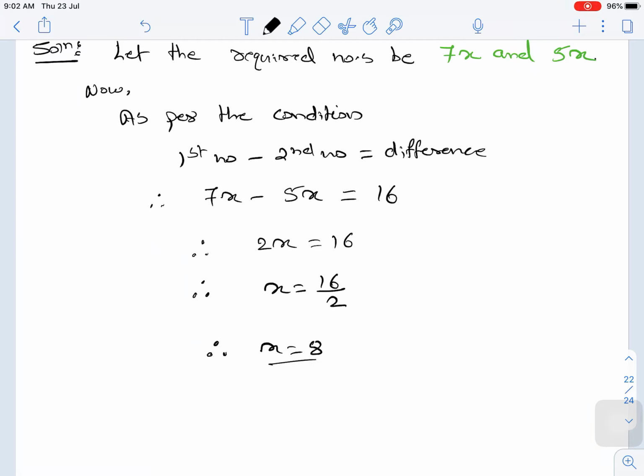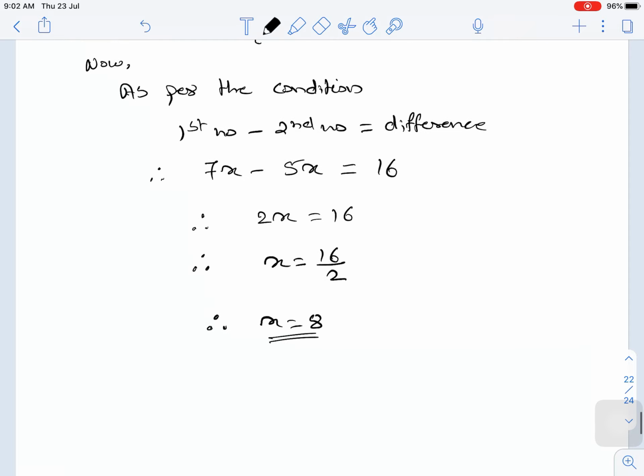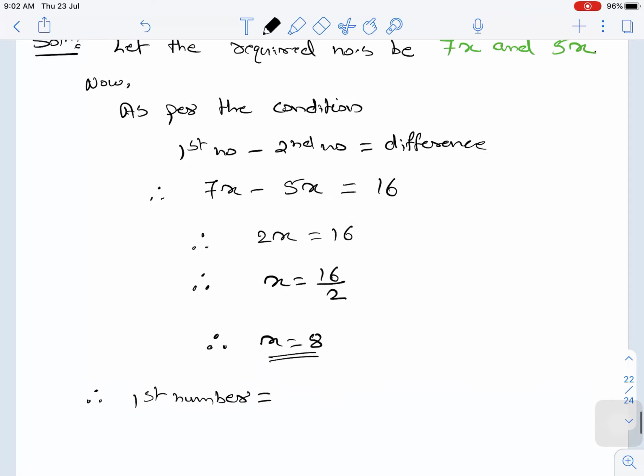Now we have the value of x, that is the common variable. We do not have the actual numbers, so now we have to find the actual numbers. Therefore, first number equals, now what is our first number?